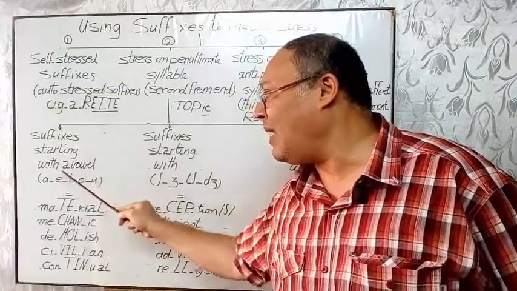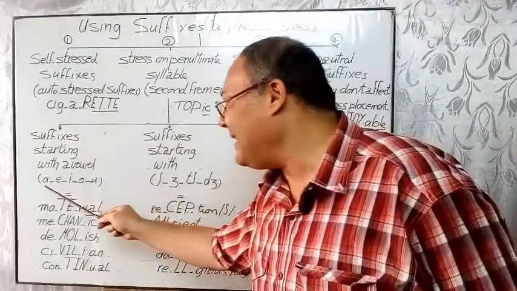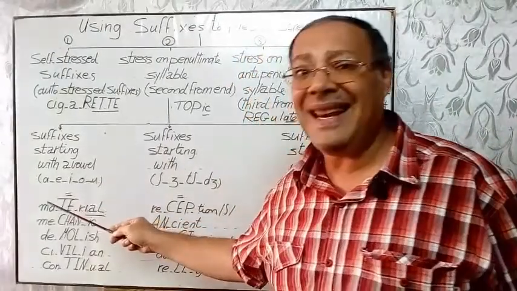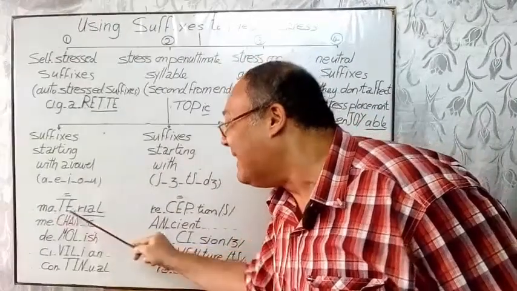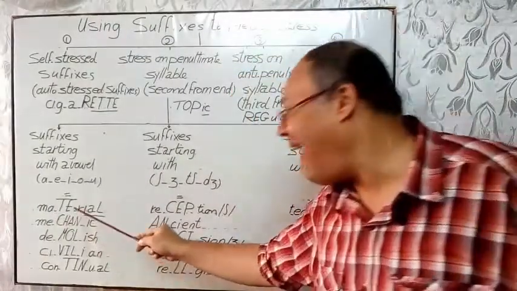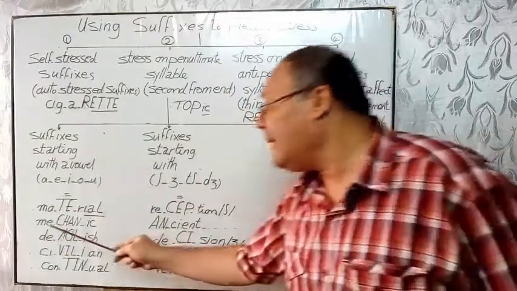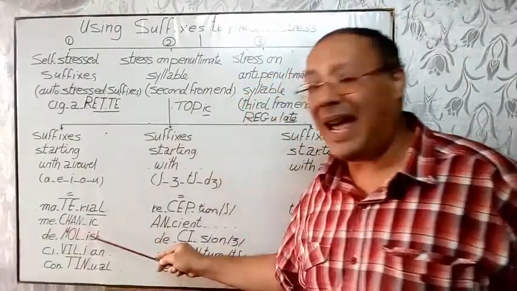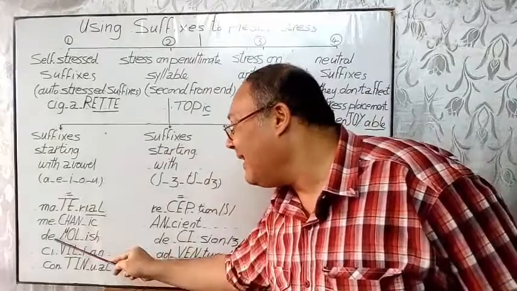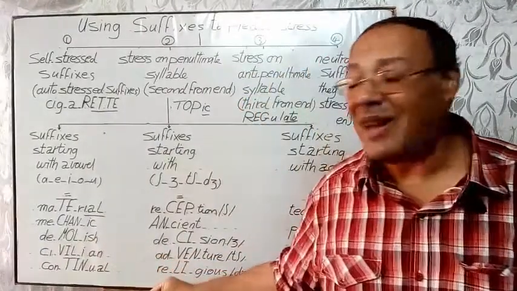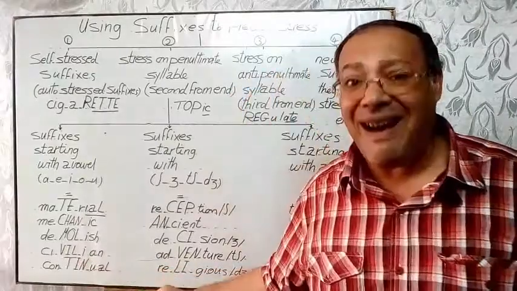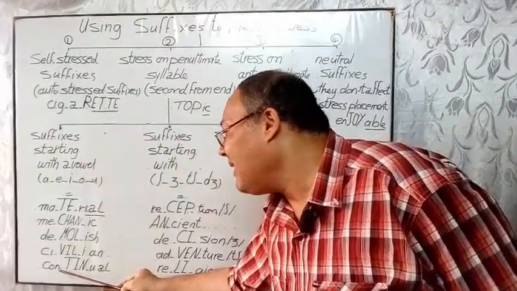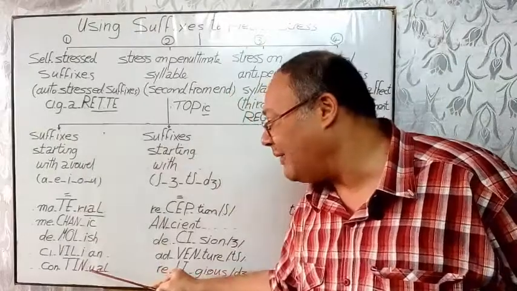Suffixes starting with a vowel, like A, E, I, O, U. For example, material, here we have I, A, L. Mechanic, we have I, C. Demolish, we have I, S, H. Civilian, we have I, A, N. Continual, we have U, A, L.